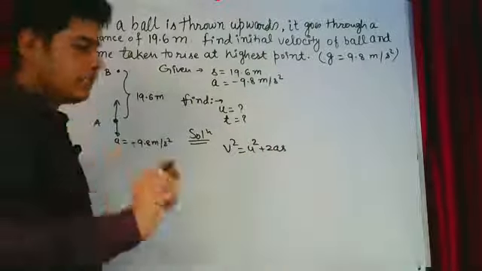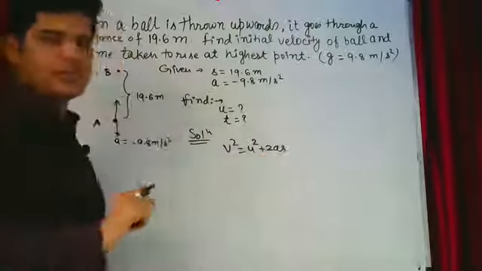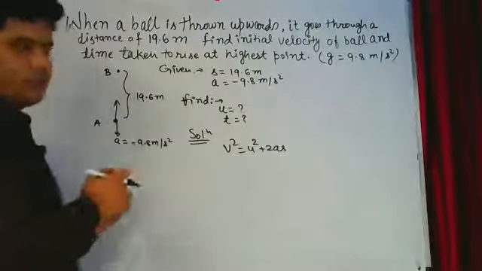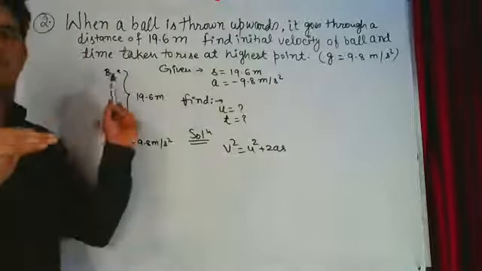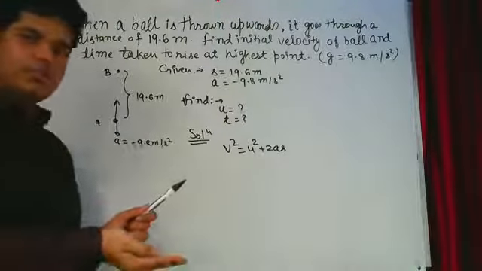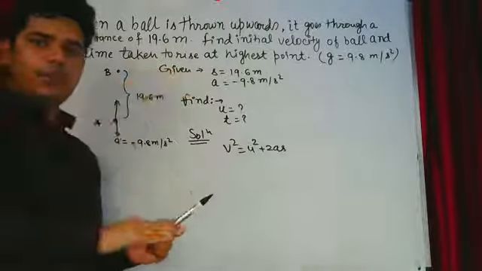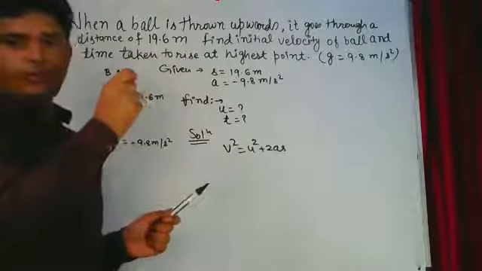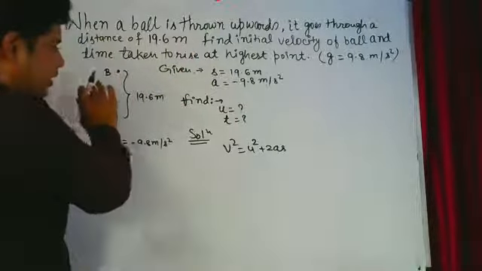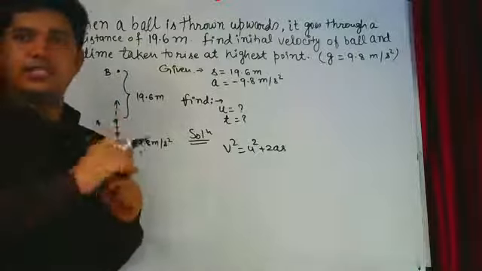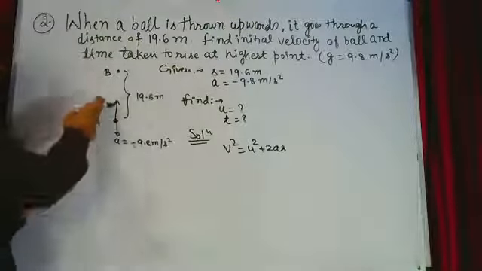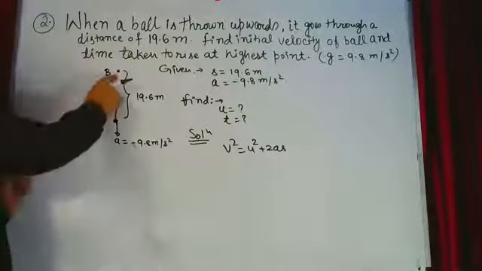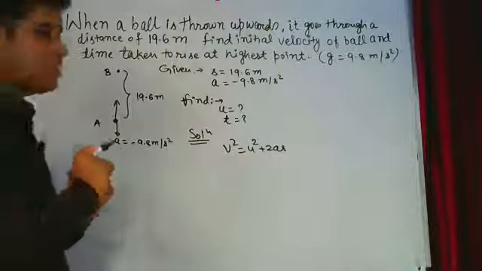It is the acceleration of that ball, and s is the total displacement. One more concept is involved here, that at its highest point its velocity will be zero. Why? Because if it goes upward and then comes back, then at a certain point of time its velocity will be zero, or you can say speed will be zero. So I am considering this equation from A to B motion, where at this point its speed is zero.